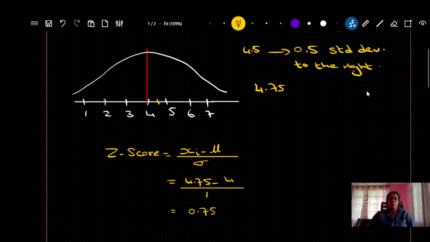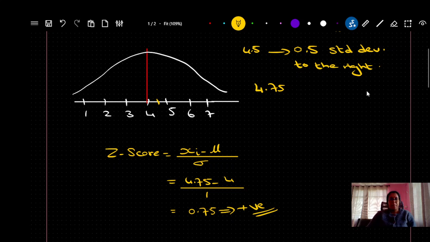Now, you see that 0.75 is a positive number. So what does it mean? When it is a positive number, it is always the standard deviation to the right. We always say that if it is a positive number, the standard deviation is to the right.